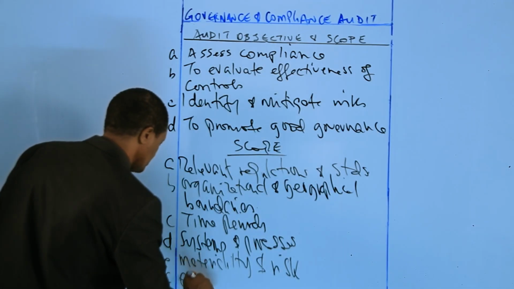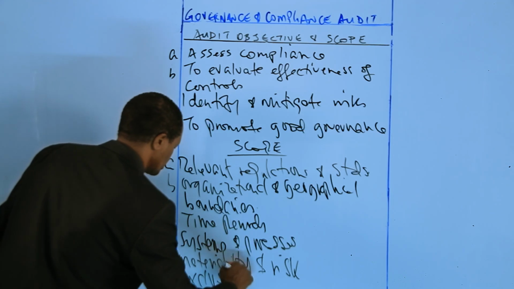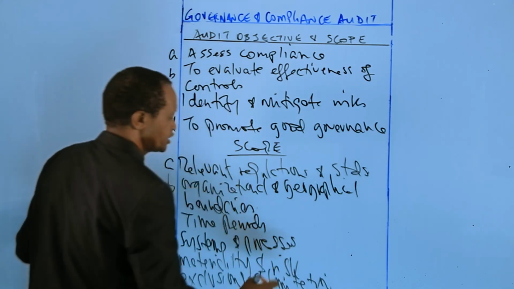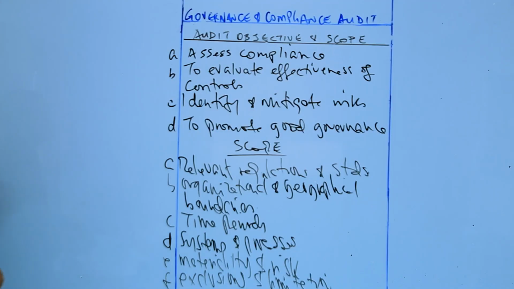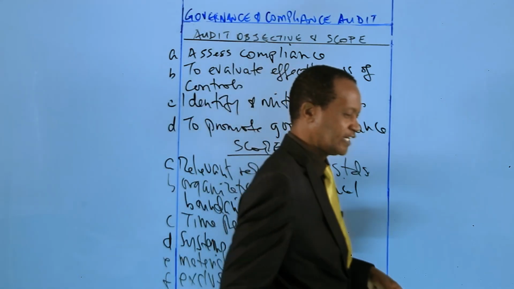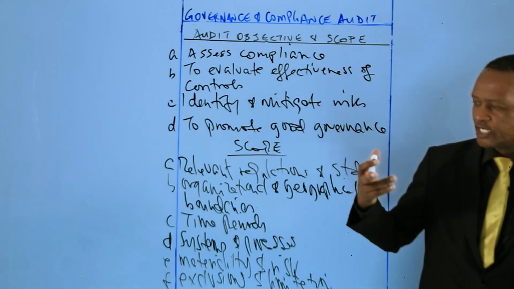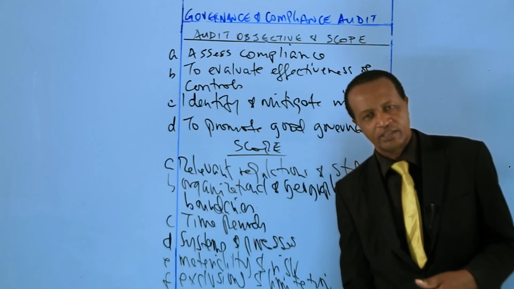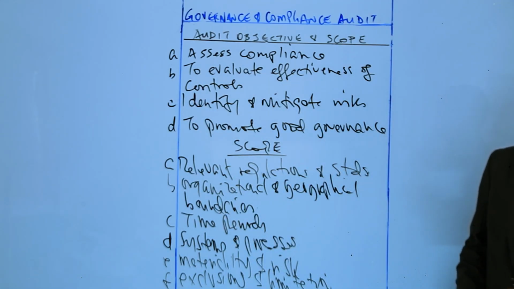Number 5. Exclusions and limitations. Exclusions and limitations is also a factor to consider. Here, the auditors have to clearly state what is not included in the scope. The auditors, in defining the scope, must also come up with a statement indicating that they are not going to cover certain areas in the process of conducting governance and compliance audit.